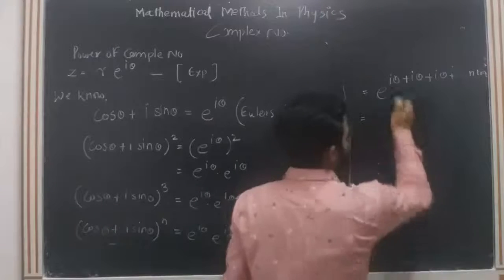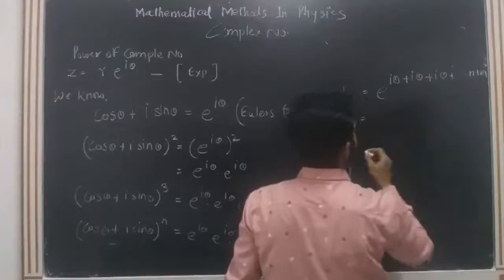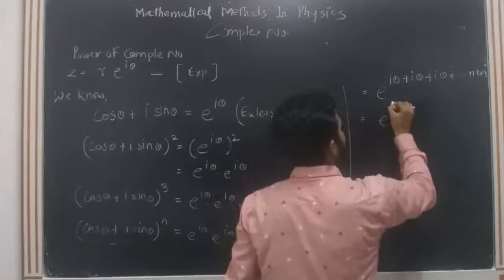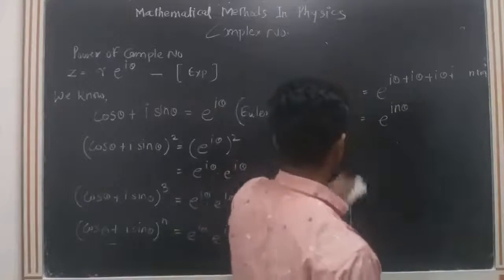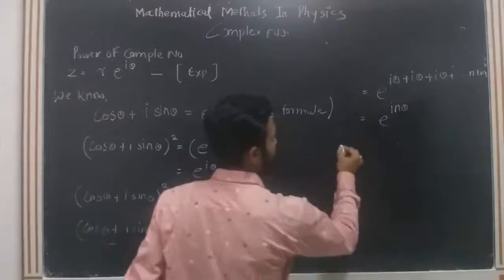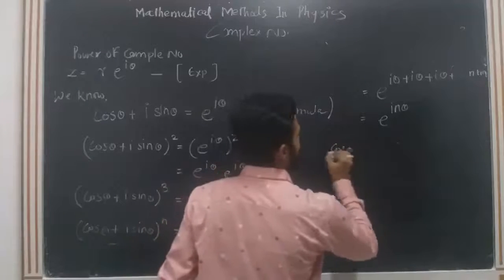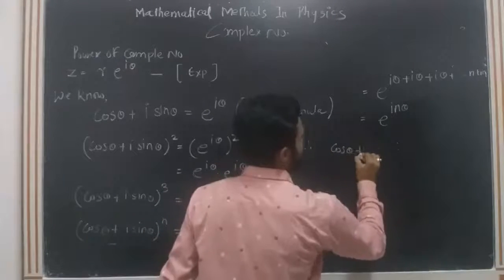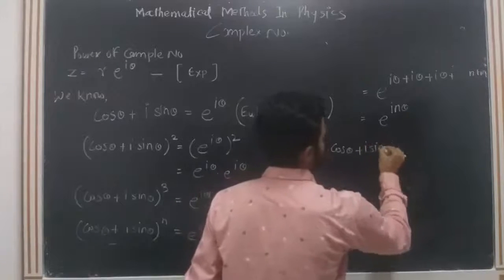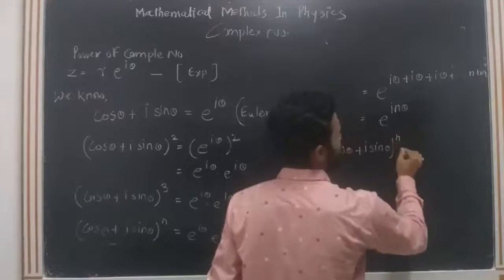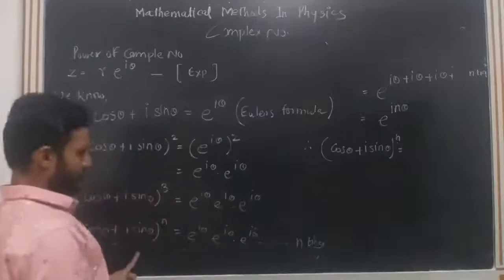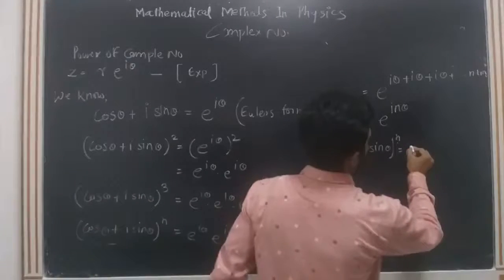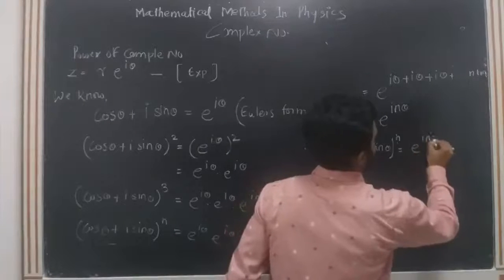Therefore, how many times is this i theta? n times. So we can rewrite it as e raised to i n theta. Therefore, (cos theta plus i sin theta) raised to the power n equal to e raised to i n theta.